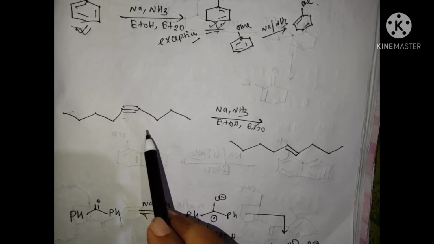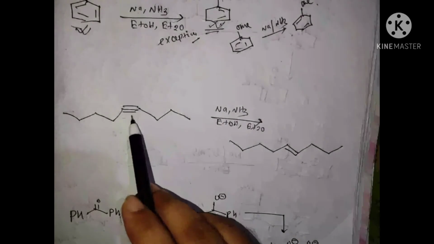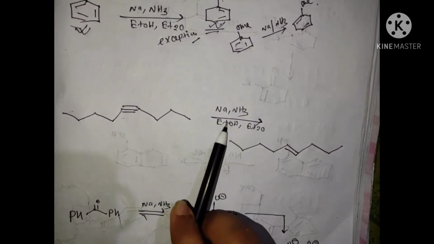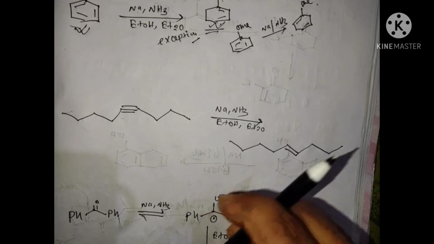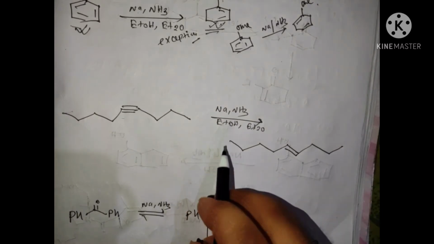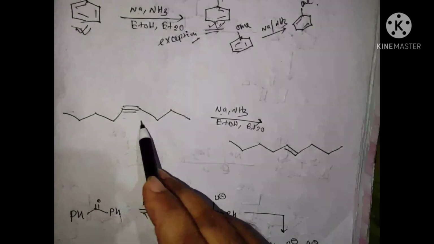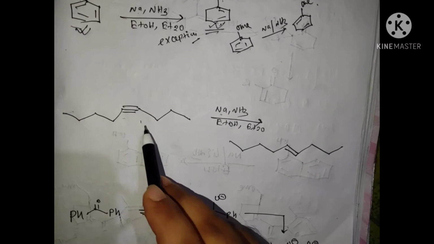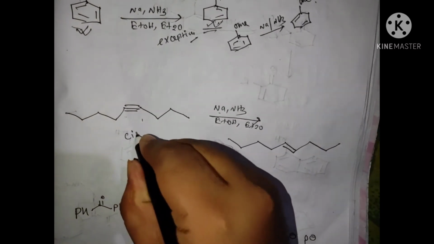So we can reduce the triple bond, that is the alkyne to alkene, by catalytic hydrogenation, that is the heterogeneous catalytic hydrogenation. Another way is to reduce it by sodium liquid ammonia. In heterogeneous catalytic hydrogenation, we mostly get the cis product.